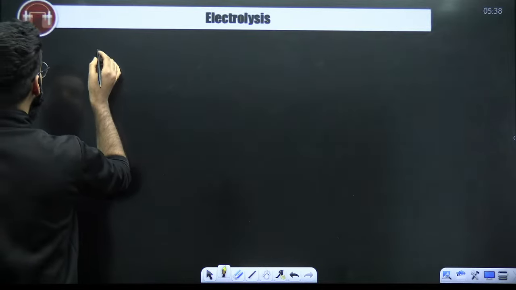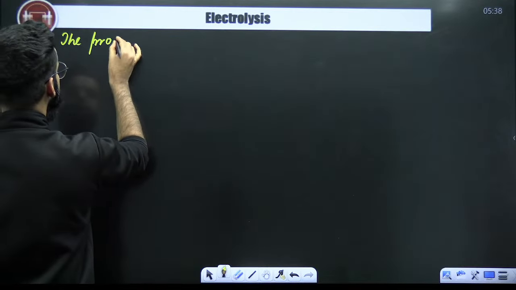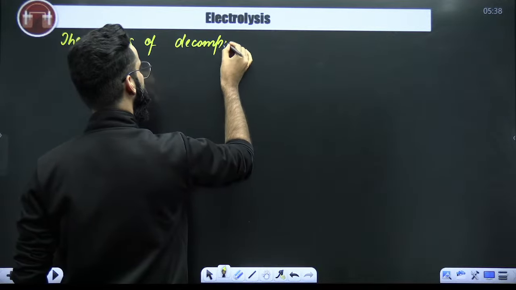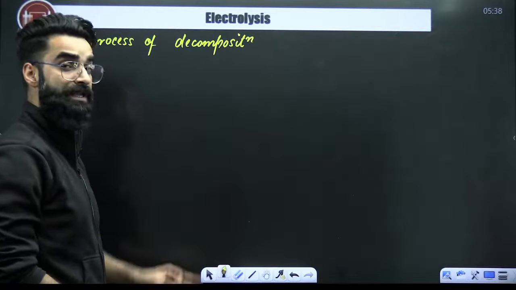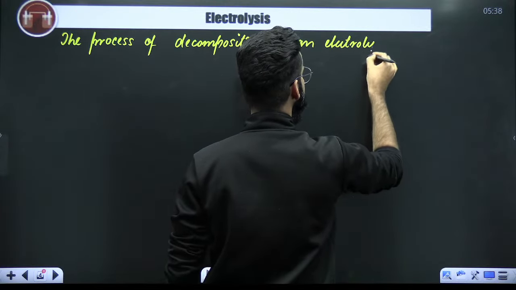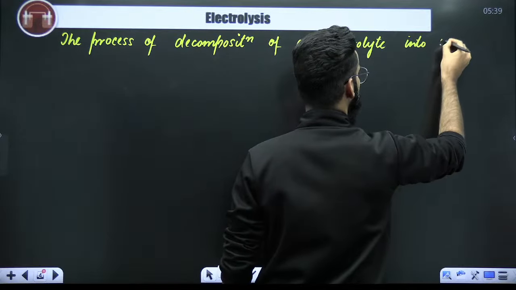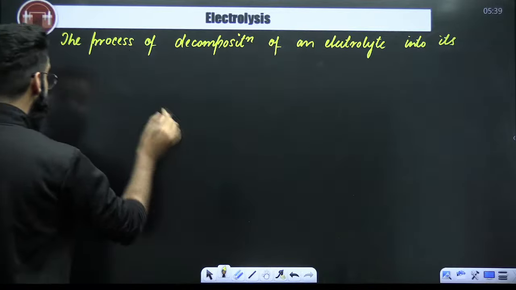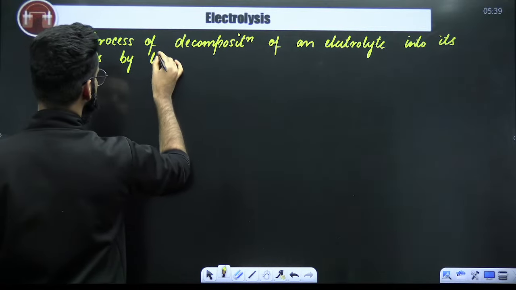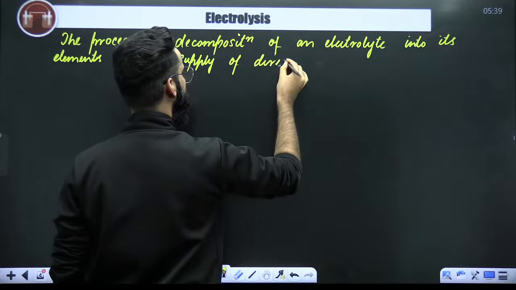Electrolysis, my dear students, is basically the process of decomposition of an electrolyte into its elements by the supply of direct current.